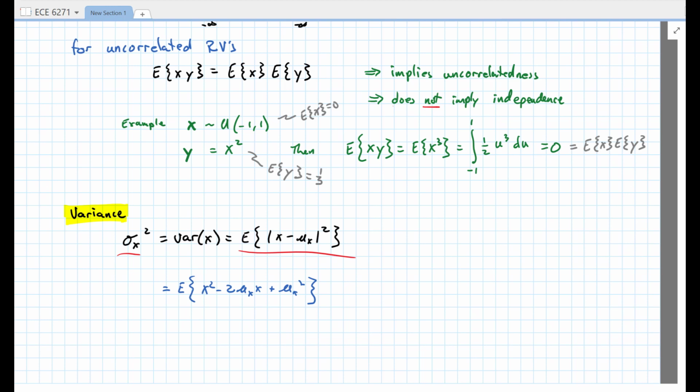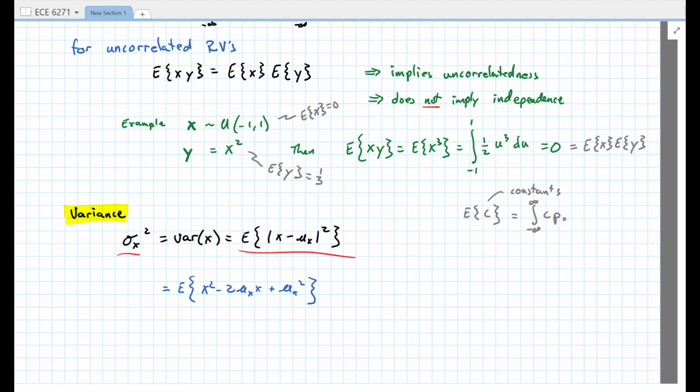Now might be a really good time to do a quick aside. Expectations of constant values or non-random variables. That's going to simply be the integral from minus infinity to infinity of c times a PDF. Well, we really don't have a PDF in this particular case, so you can consider it multiple different ways.